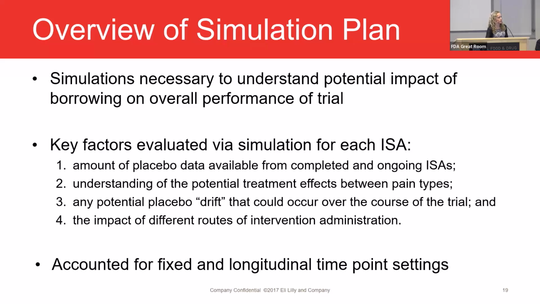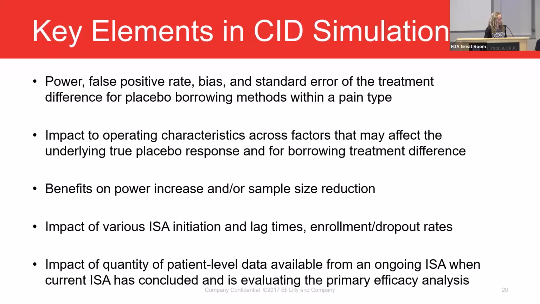This slide just summarizes the types of things that we were looking at in the CID conversations, very similar, I think, to quite a bit you heard in the earlier talk: power, false positive, bias, standard error, understanding the operating characteristics, as I mentioned, when the underlying true placebo response shifts over time.